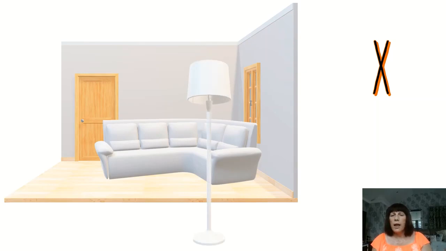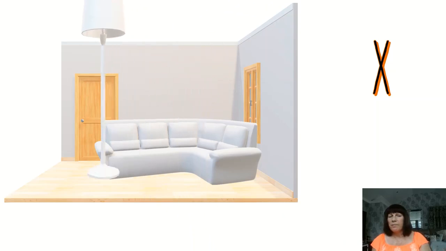We call it a lamp, and you might hear it called a standard lamp because it's a tall lamp, taller than the lamp that you have on your side table. So, does this lamp belong in the living room? Yes or no? Yes. Well done if you got those two correct.